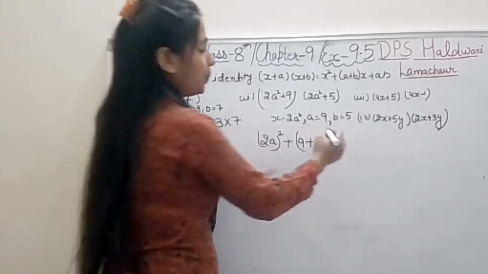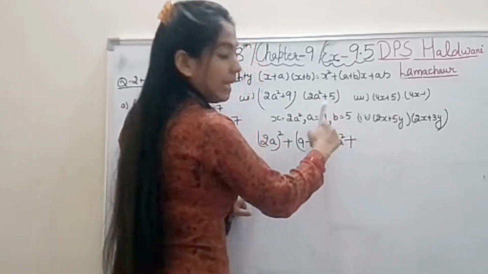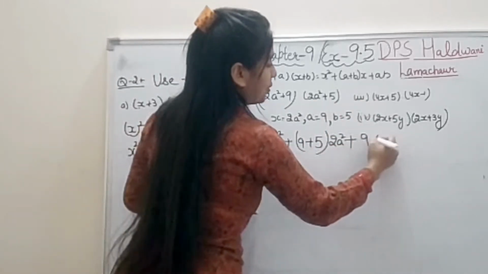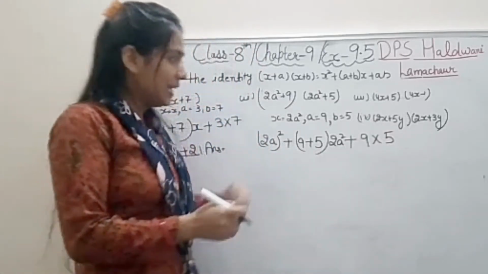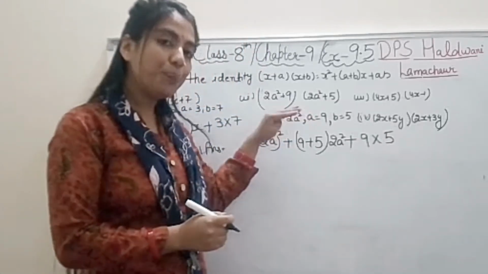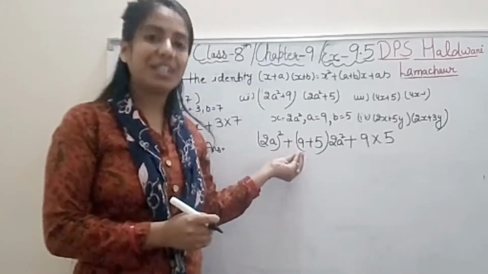In place of x, 2a square, plus a into b, so 9 into 5. Right student? I hope you got. This is just a formula. You have to put the respective terms.